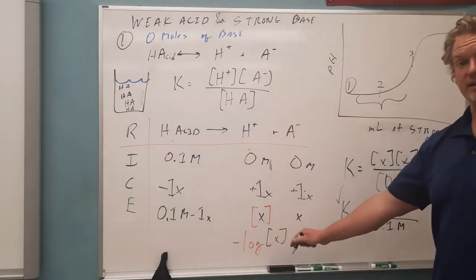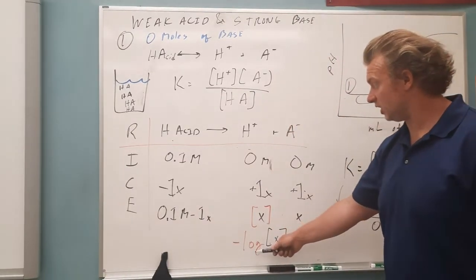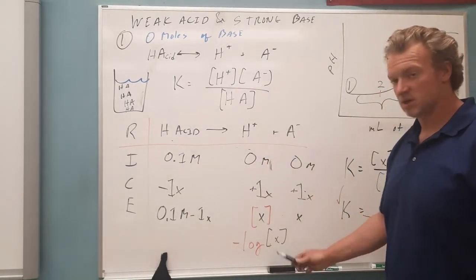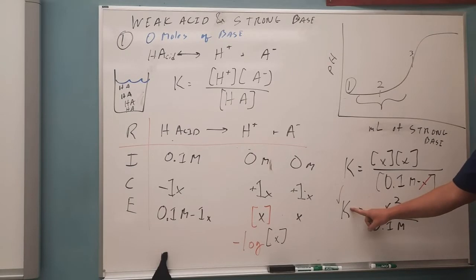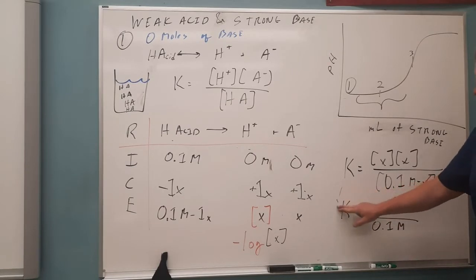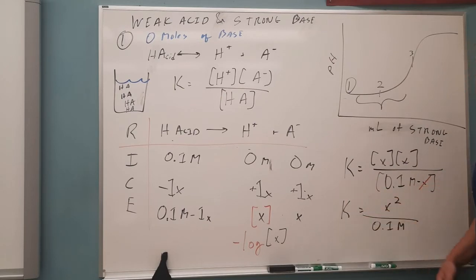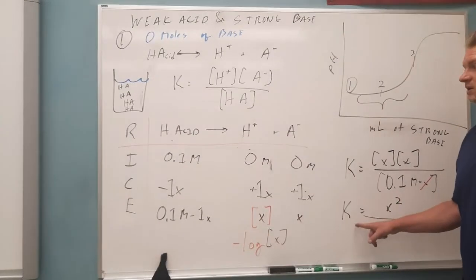Because that is how you calculate pH, the negative log of the H+ molarity. So if you know K, you solve for X. In the lab that we do in this course, where we have an unknown acid, we will measure the pH, and we can plug that in for X to calculate for K.